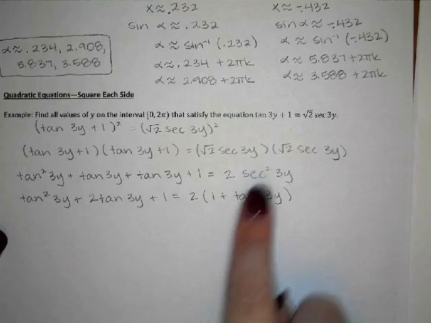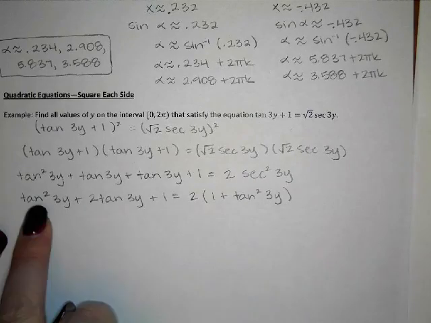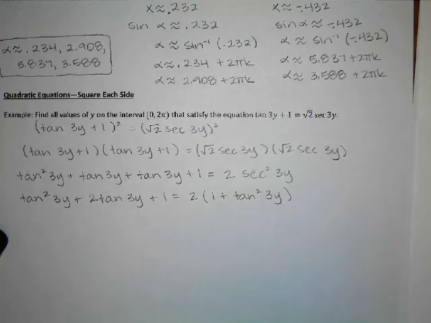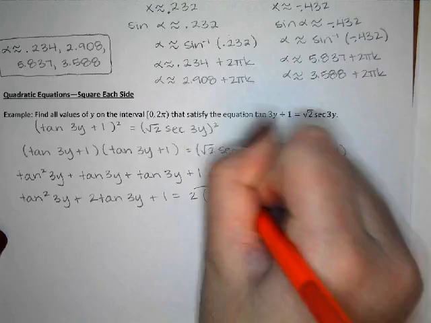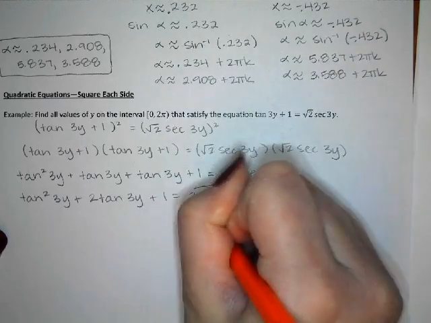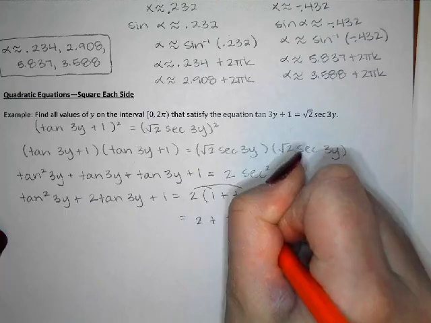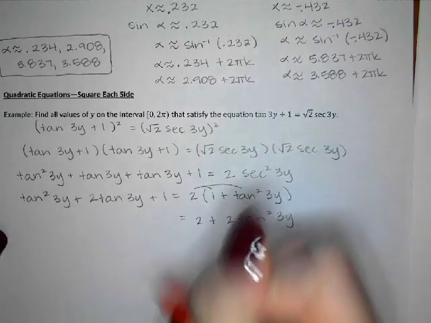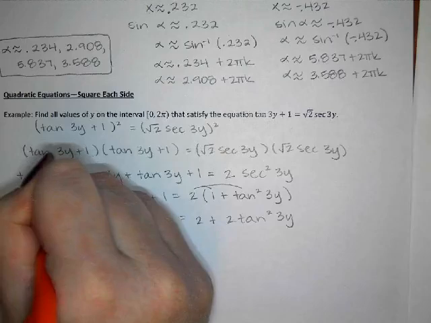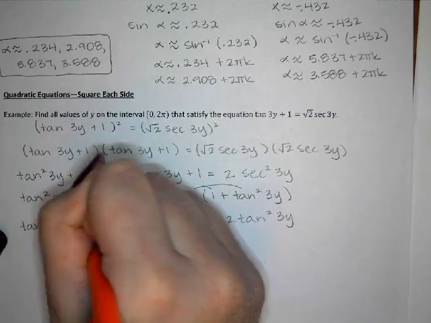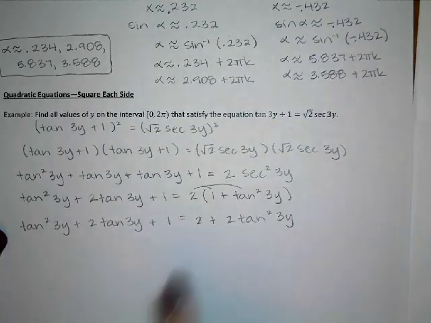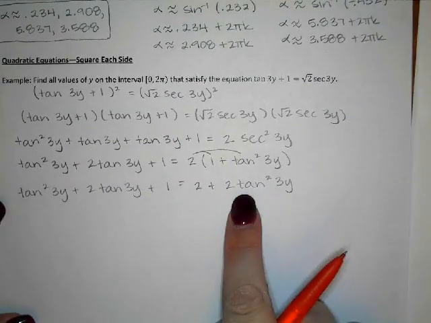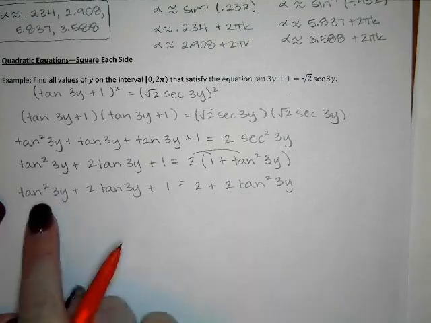Okay, so I'm going to go ahead and distribute this 2 to my parentheses. 2 plus 2 tan squared. Now, if I have 2 tan squared on the right side and 1 tan squared on the left side, then to solve this quadratic, I want a positive number of tan squareds when I end up factoring it or using the quadratic formula or whatever.